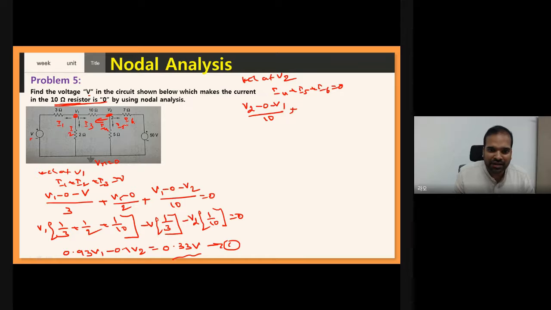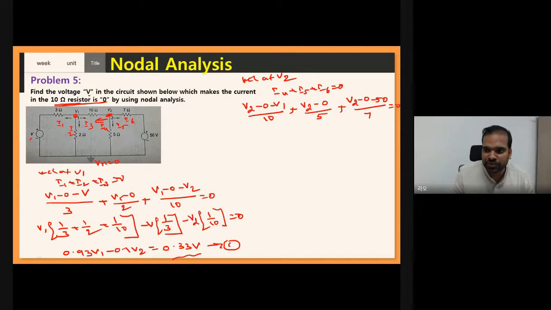Now what about I5? One end of the 5 ohm resistor is connected to V2, and the other end to V, so (V2 minus V) by 5. Now what about I6? One terminal of the 7 ohm resistor is connected to V2, with reference 0. The other terminal of the 7 ohm resistor is connected to minus 50.